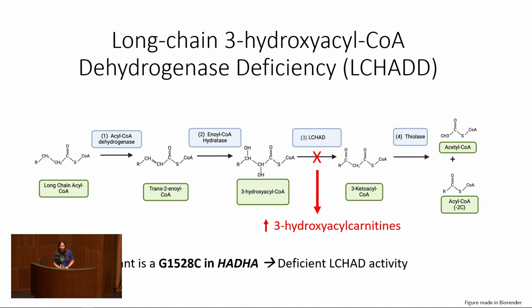These patients are homozygous for it, so they typically have two copies. This variant knocks out specifically the LCHADD enzymatic activity, which is the third step of long-chain fatty acid oxidation. What results is a unique accumulation of partially metabolized intermediates, such as the 3-hydroxyacyl-carnitines, which will be important later on in this talk as well.